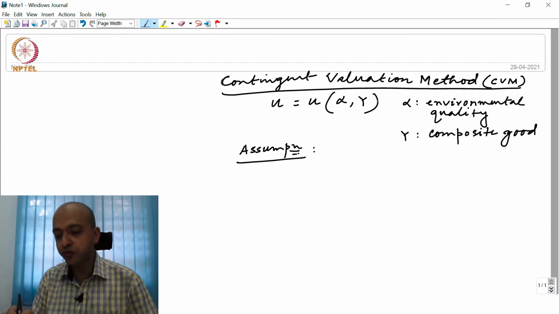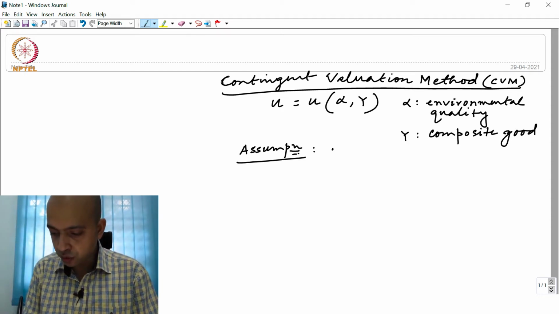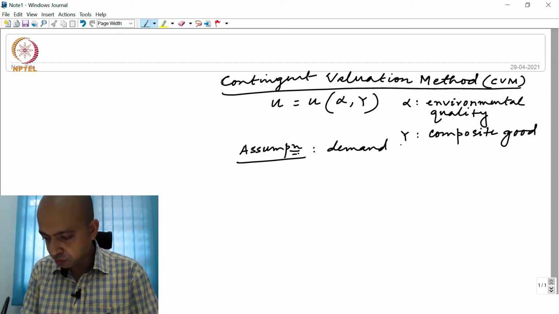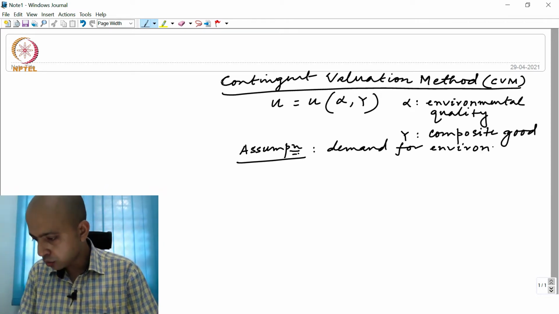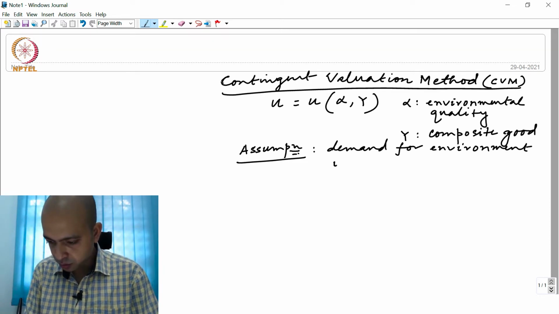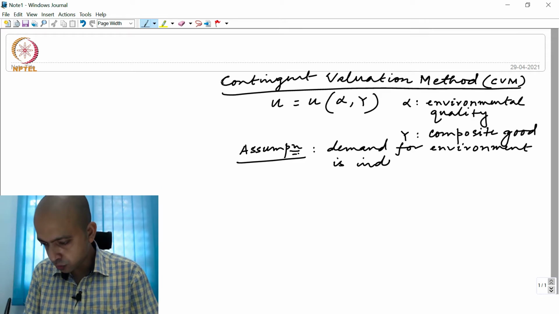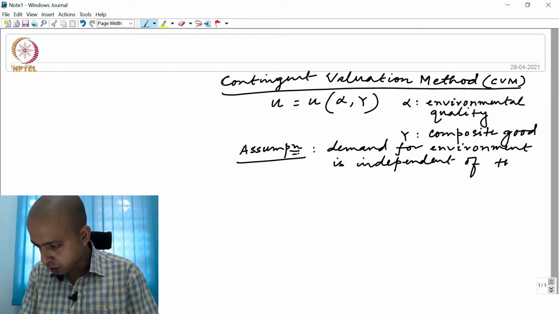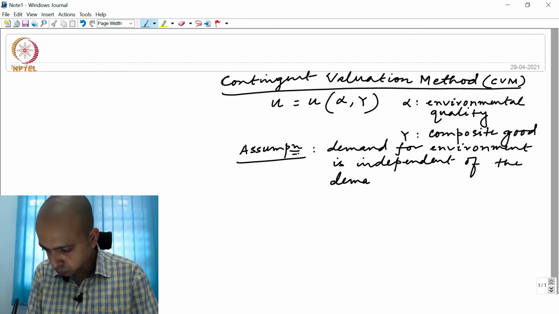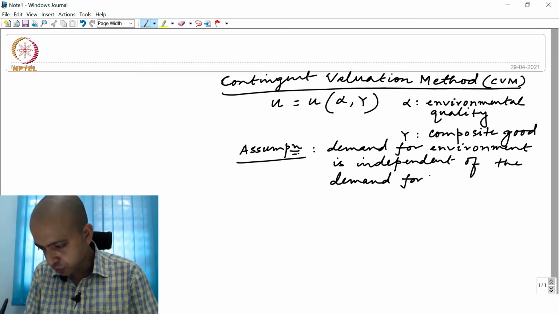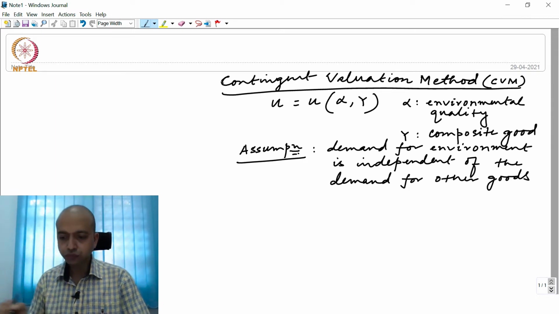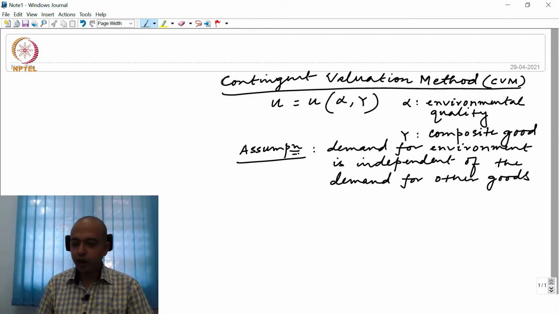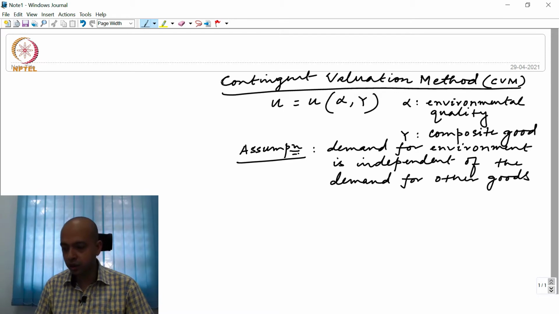When I write this type of utility function, we assume that demand for environment is independent of the demand for other commodities.